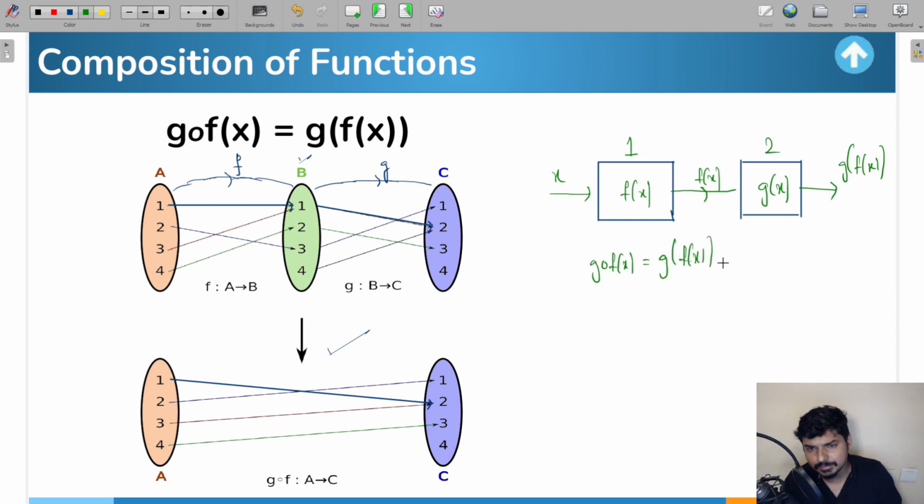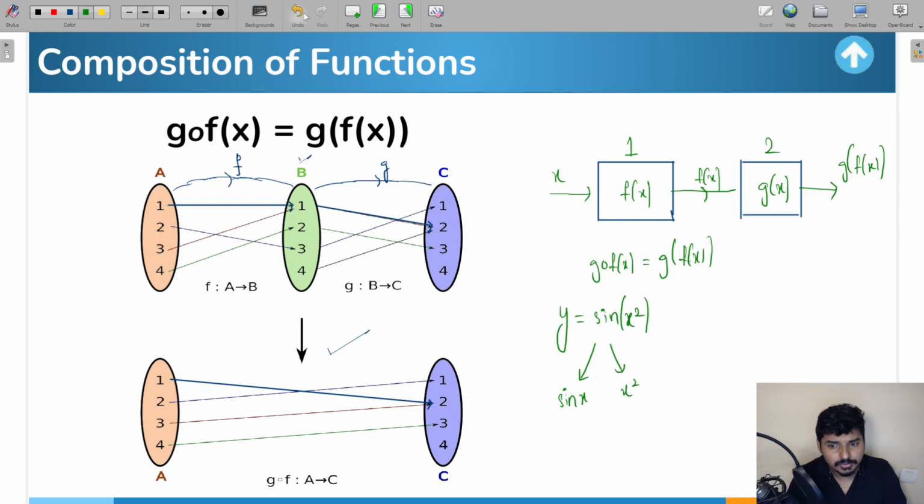So I can give you an example for this. For example, let us say you have y is equal to sine of x square. Now this one is going to be a composite function. It's going to be a composition of two functions, sin x and x square.